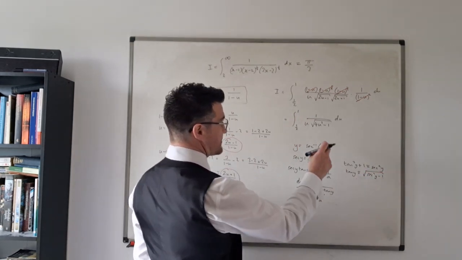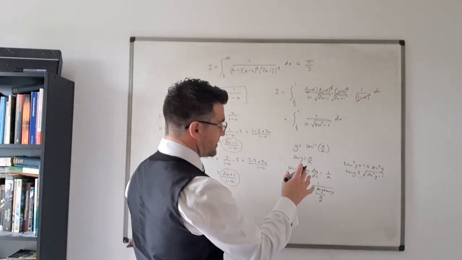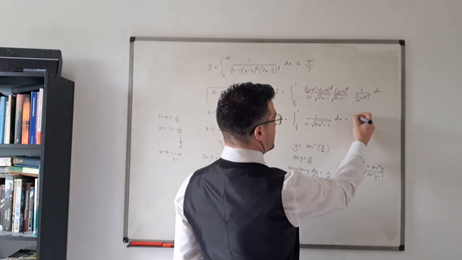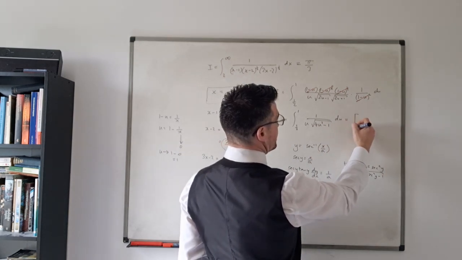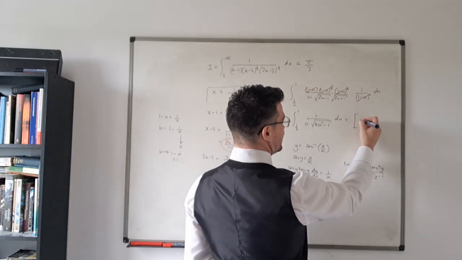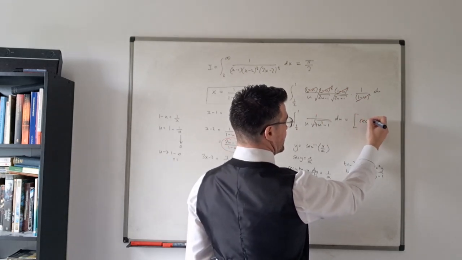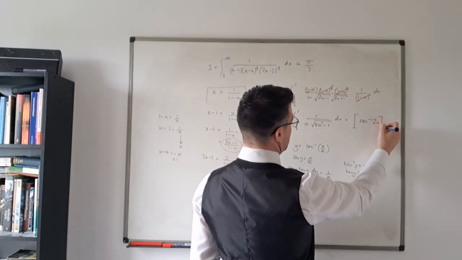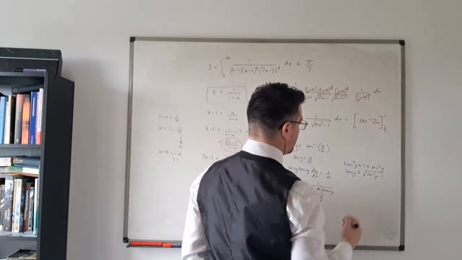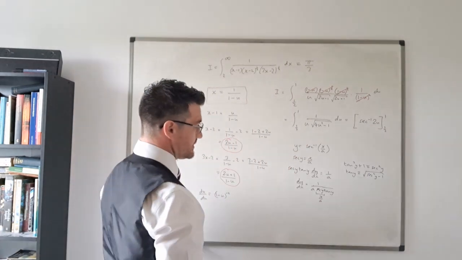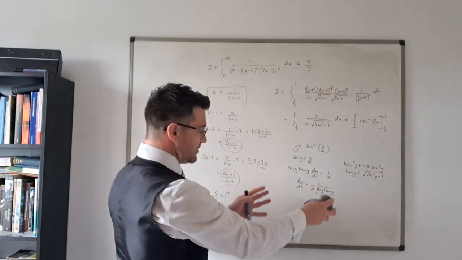Again, you've got sec squared y. Okay, so following this through, you'll find that the antiderivative of this is inverse sec of 2u between a half and 1. Okay, inverse sec of 2u. So I'll leave you to do this yourself, but this is the idea.